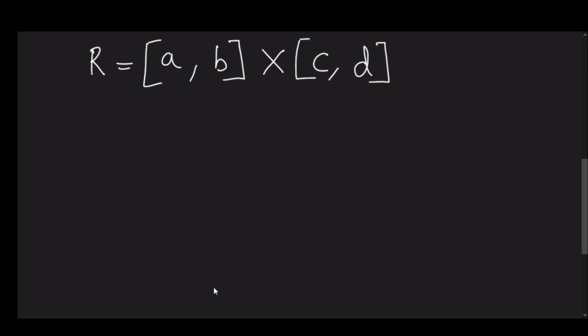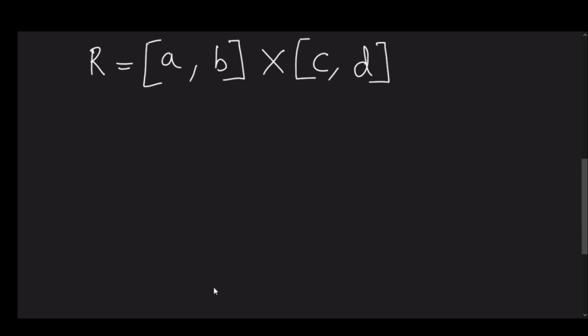You can represent it like this, where this closed interval gives you one side, say here A, this is B, and CD is this side. So when you take the Cartesian product of these sets, you will get a collection of all points that are in the rectangle.